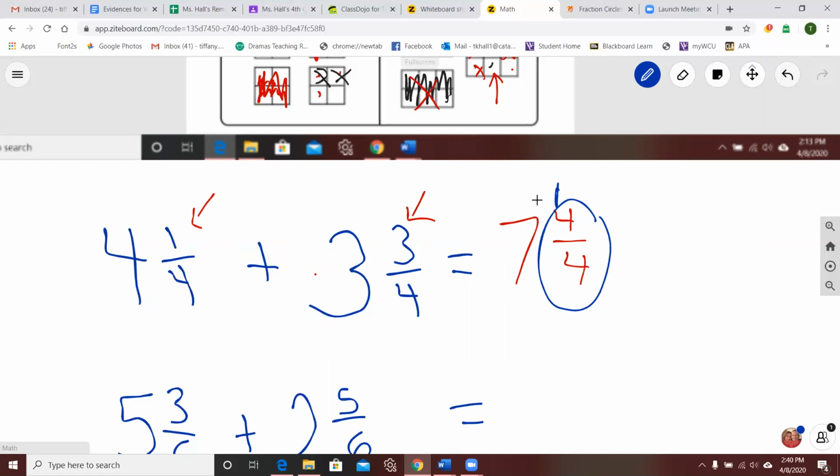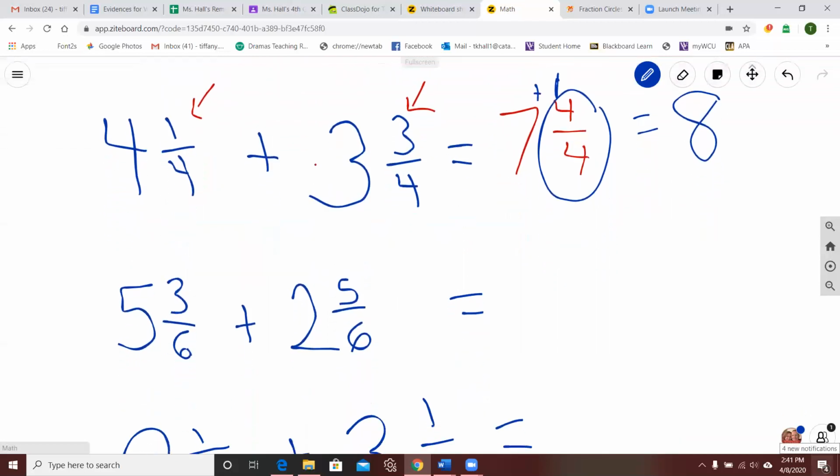You're going to take this 7 and add it to that one whole, which means the answer to this problem would be 8. Now, 7 4/4 is correct, but most people are going to change that 4/4 to a whole and then make that be an answer of 8. All right, look at the next one.